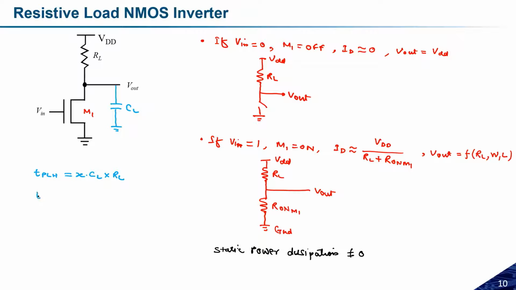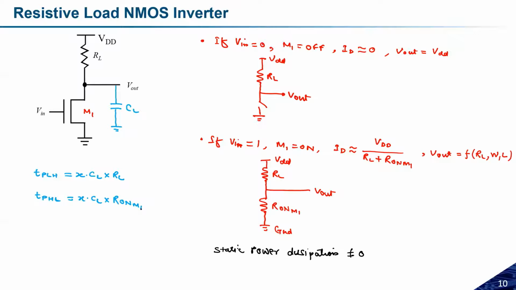Now let us talk about TPHL. Can anyone tell me what TPHL will be? It has some factor X, then CL, and it will depend on the R on of transistor M1.